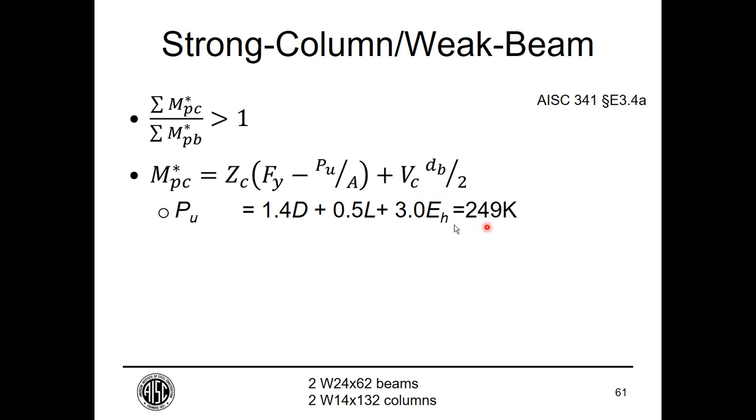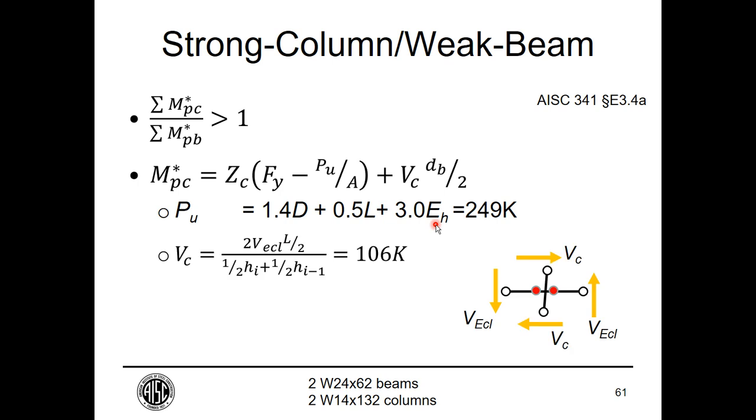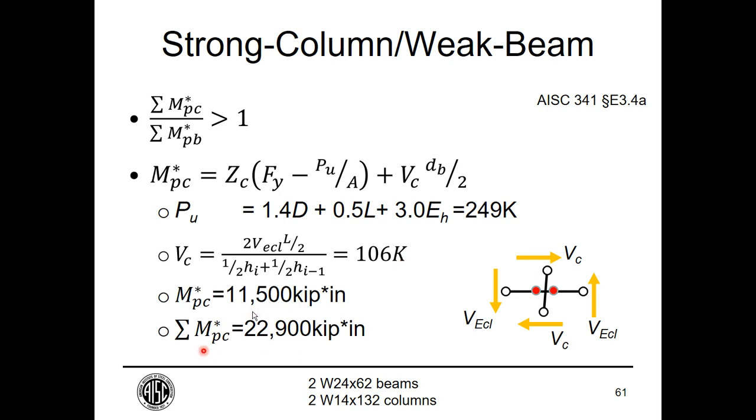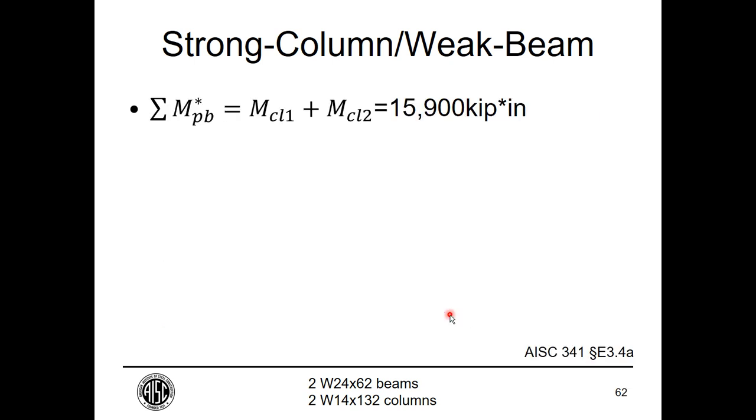So here's the load that we have in the column. Here's the corresponding shear that we calculate in the column, 106 kips. And here's our sigma Mp column that includes the effect of this shear. And we do something similar for the beam. We've already calculated the moment at the center line, both at the left and right end of the beam.